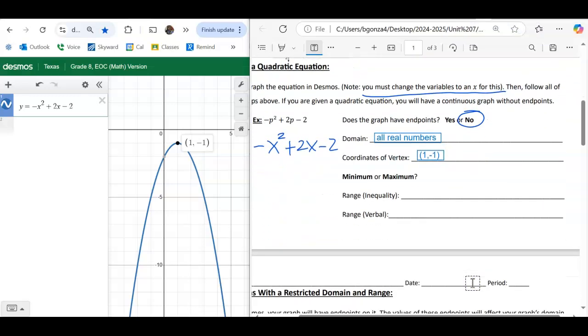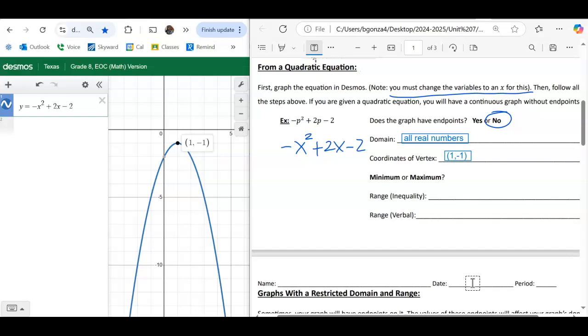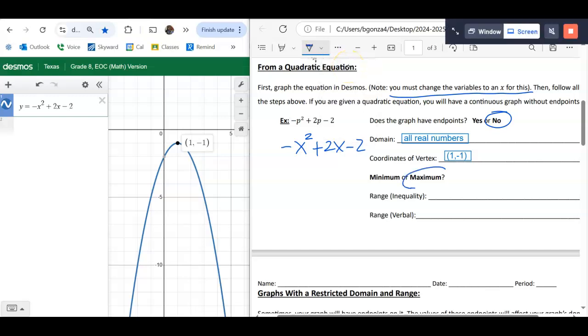Is that a maximum or a minimum? Now this time, the vertex, the change of direction, is at the top of, I'll call it a top of a hill. Okay, so that is called a maximum. Cool. So like we wrote earlier, if you have a maximum, that means all of the graph is below it.